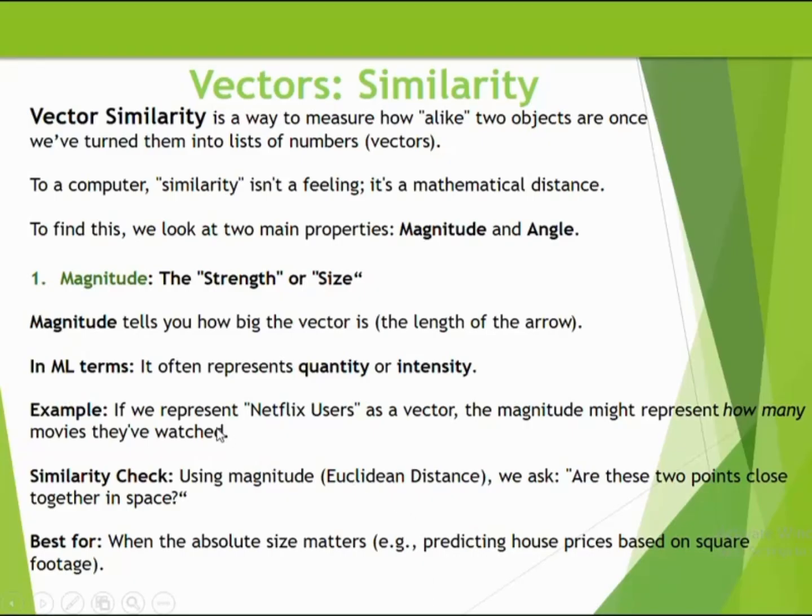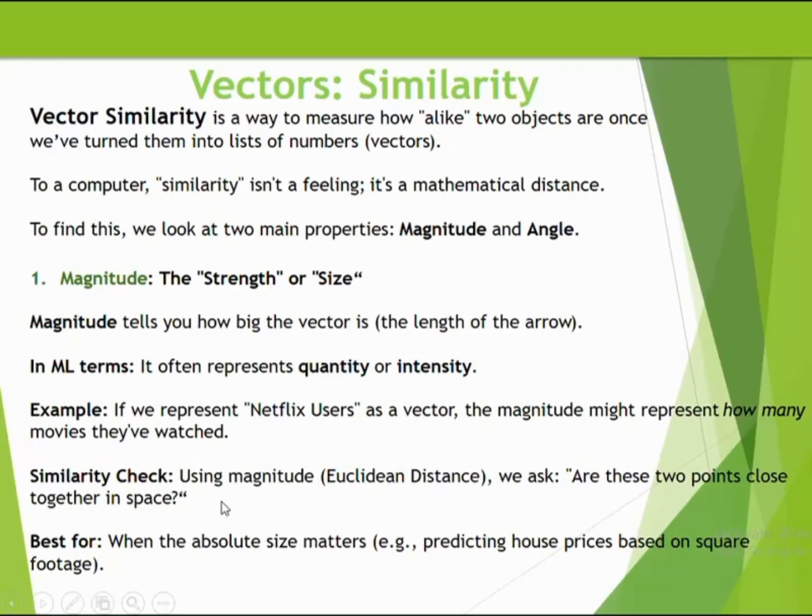Let us take an example. If we represent a Netflix user as a vector, the magnitude might represent how many movies they have watched. How exactly will the similarity check be done using magnitude? There is the Euclidean distance. We ask, are these two points close together in space?